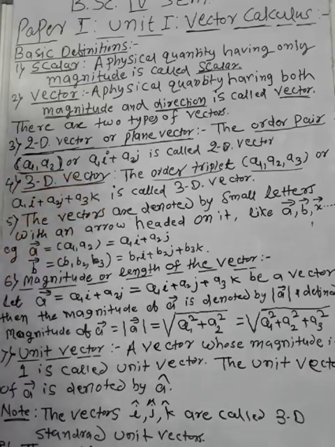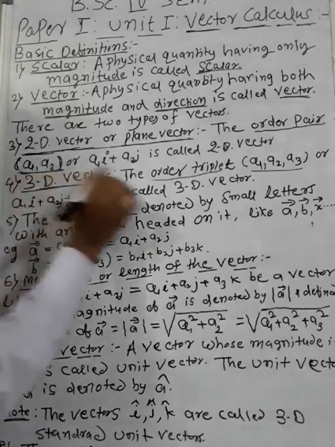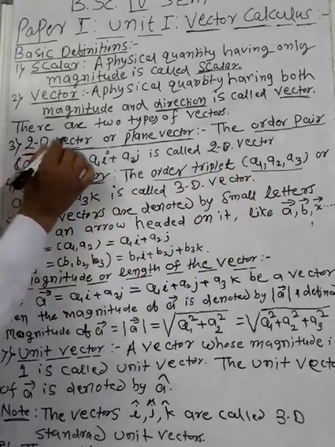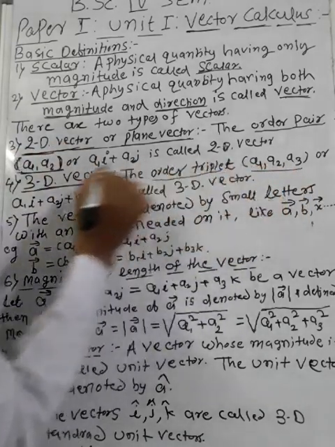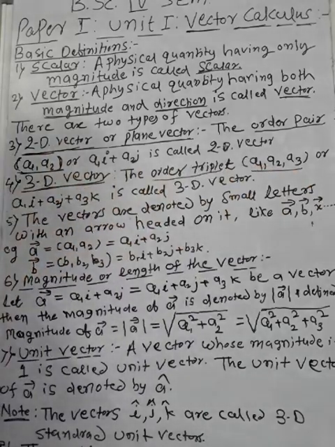And hence, in terms of ordered pair or ordered triplet, we shall have two types of vectors: that is, a1, a2 is called a two-dimensional vector, or a1, a2, a3, which is an ordered triplet, is called a three-dimensional vector. That is one notation to represent the vector.